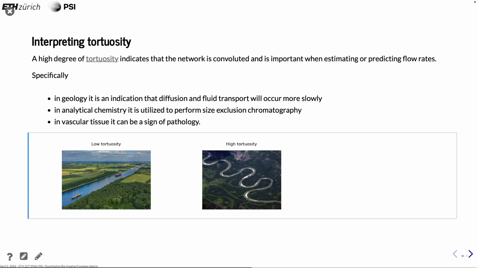If you have high tortuosity, then it's more curvy. Then the curve distance is maybe several times longer than the Euclidean distance from point to point. And that can tell you something about what your network is looking like. So that could be relevant for blood vessel analysis, route analysis, also maybe seeing if you have meandering or straight rivers or channels, canals like this. So there is different information you can extract from this.